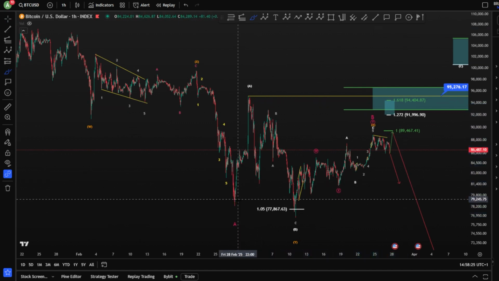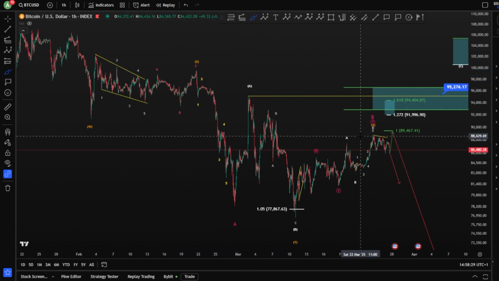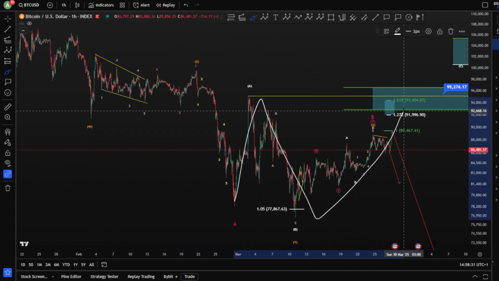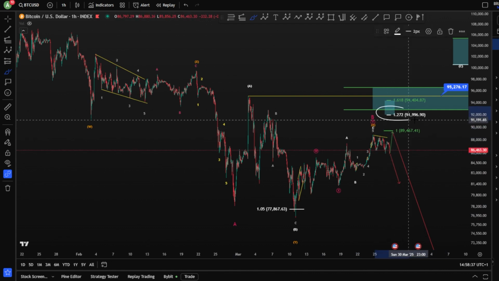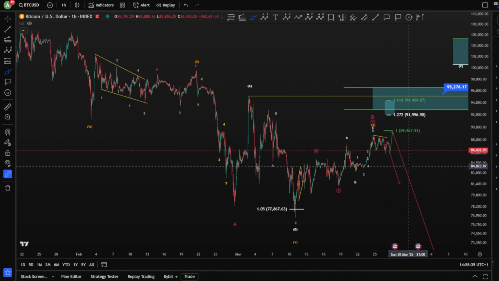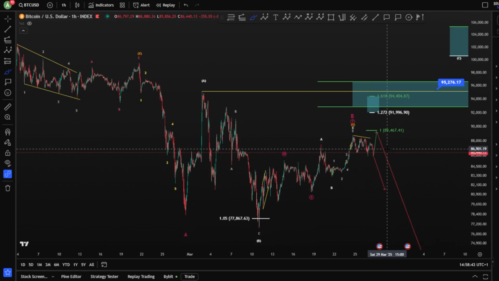So obviously all of this is just corrective, and the trend is toward the downside. And we're looking for continuation, whether from the 1-to-1 fib level, or from here, or from this area. And of course, you can manage your trading, your plan and strategy based on that, right? So be careful with it.